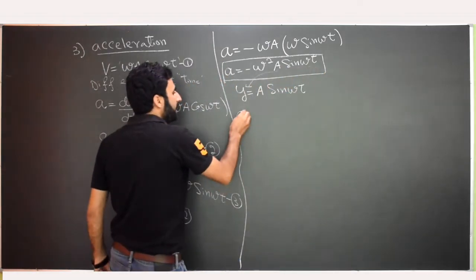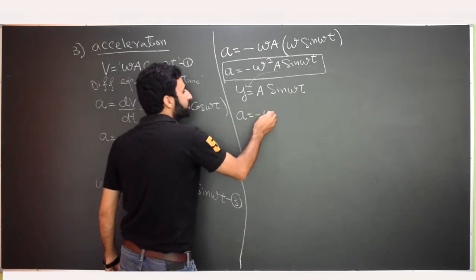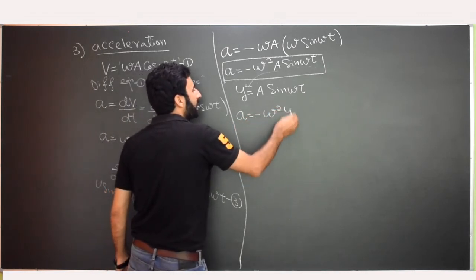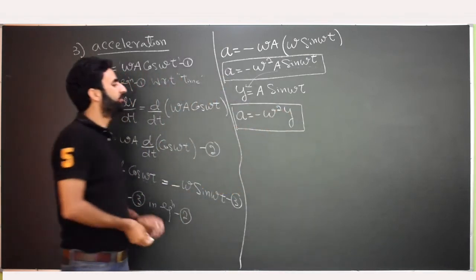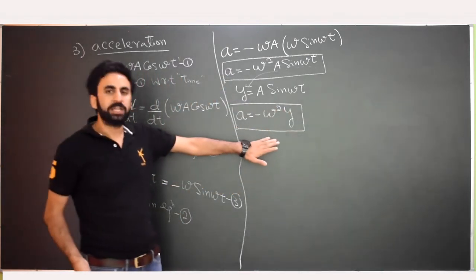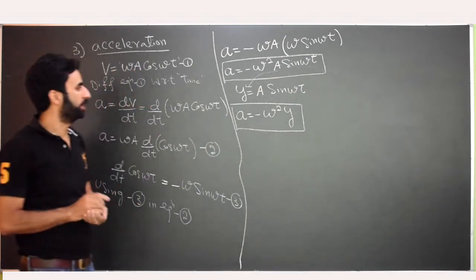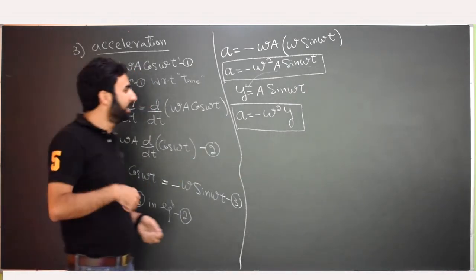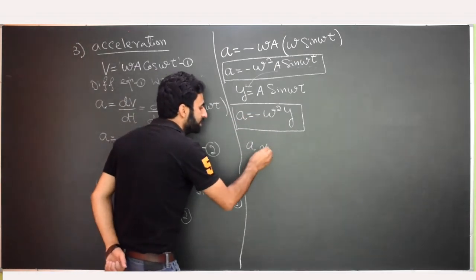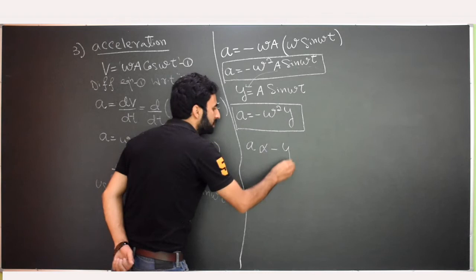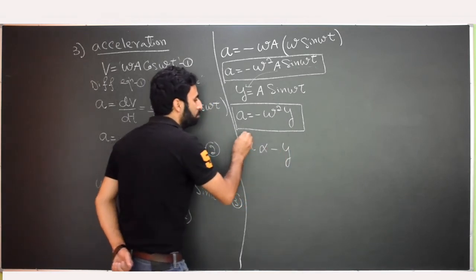So we have a is equal to minus omega square y. This is one of the interesting expressions which we get for the acceleration of a particle executing simple harmonic motion. Since omega is constant, acceleration is directly proportional to displacement, but there is a minus sign.